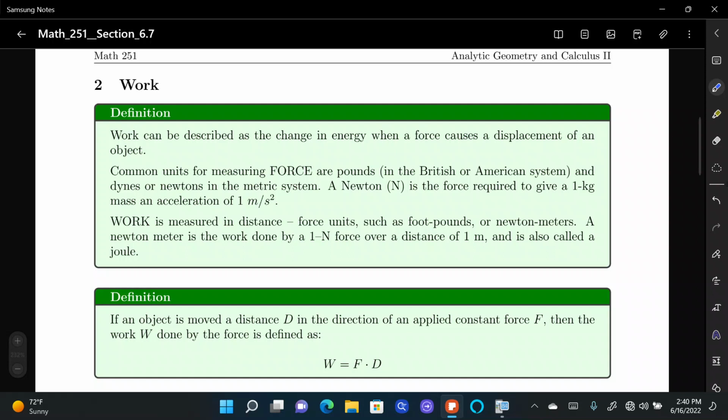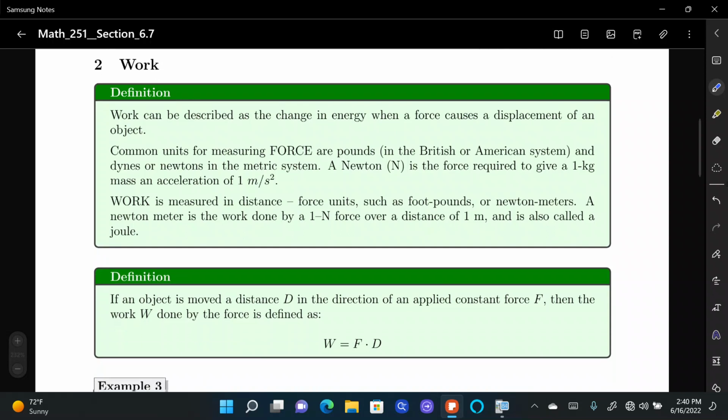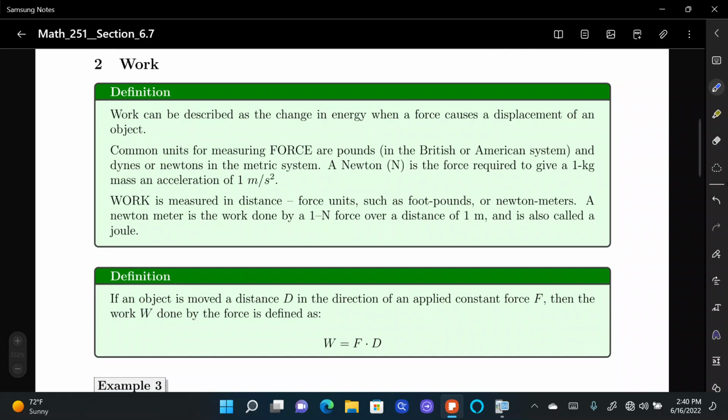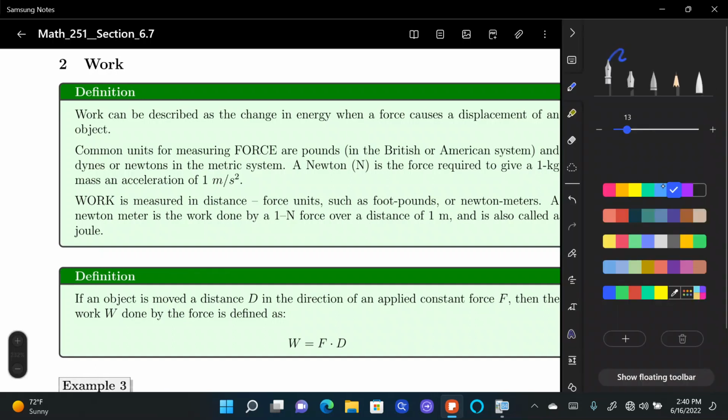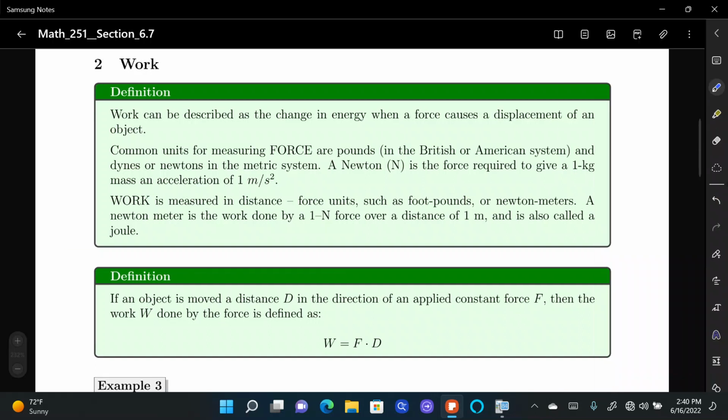And of course, we have the corresponding units. The most common ones are newtons, which, for those of you who have taken a chemistry class or a physics class, are kilograms meters per second squared. Those are the compounded units for newtons, right?